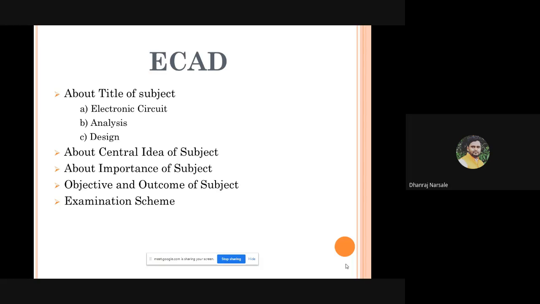Okay. So this is about the objective and outcome of the subject. The next is, what should be the examination scheme for this subject? Actually, our regular pattern is that a 70 mark end semester exam is there and a 30 mark internal semester exam.